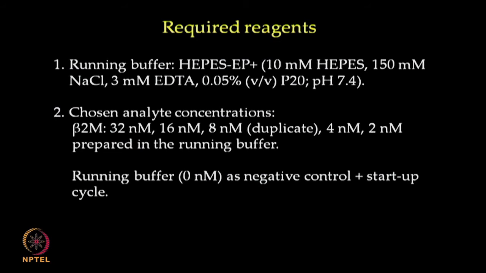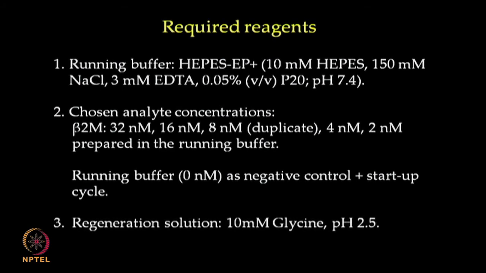We will be using HBS-EP as zero concentration negative control for the reaction as well as for the initial startup cycles. For regeneration solution, we will be using 10 millimolar glycine pH 2.5. We shall now proceed to set up our experiment for kinetic analysis.